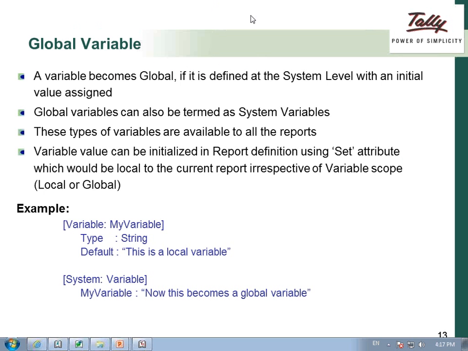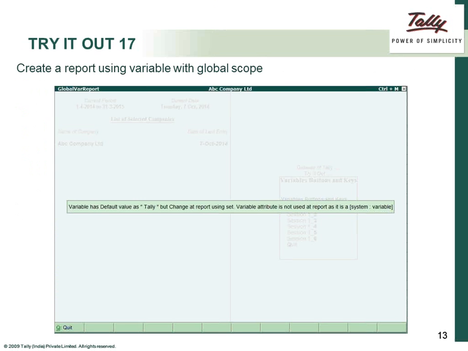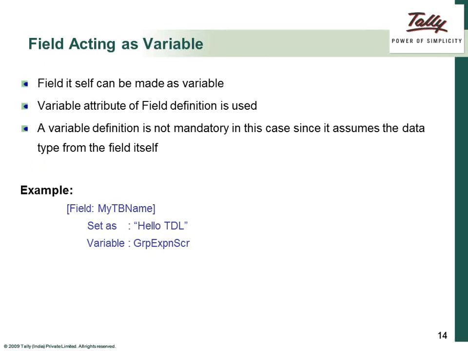So we come to this field acting as a variable when we are going to write a drill down report similar to our trial balance. For the time being, we can just take a note of it. Field acting as a variable.